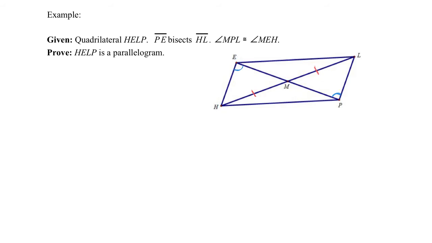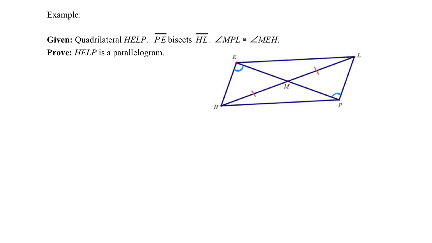That's this one right here. So let's just kind of talk through this, okay? Right away, what I see is that these are alternate interior angles right here for this side, LP, and this side right here.